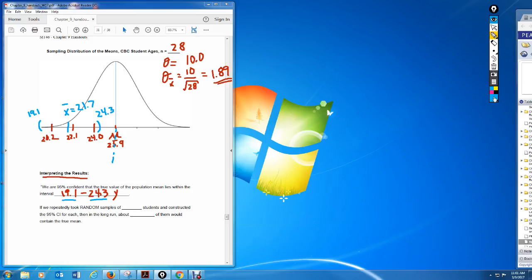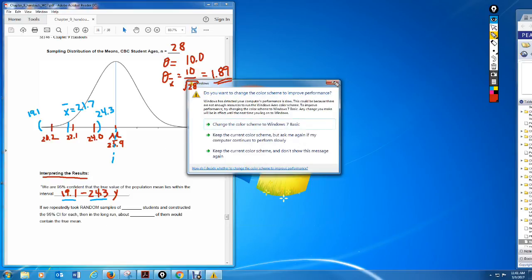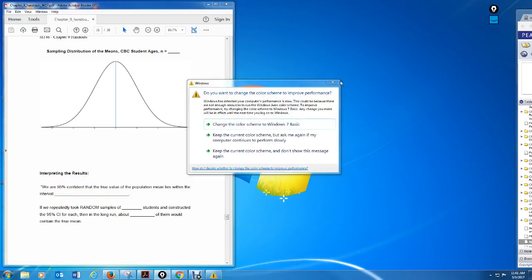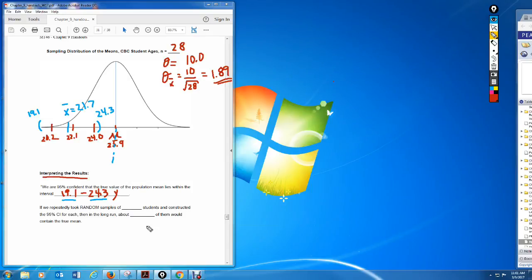Okay, but again, in general, the way the method works is that if we repeatedly took random samples of 28 students, and if we constructed the 95% confidence interval for each, then in the long run, about 95% of them would contain the true mean.